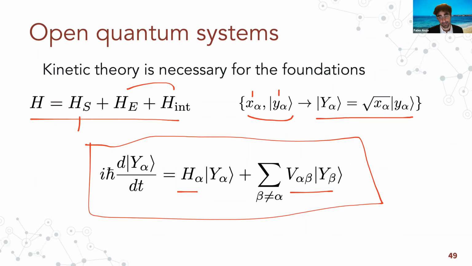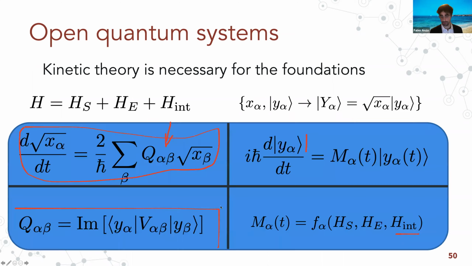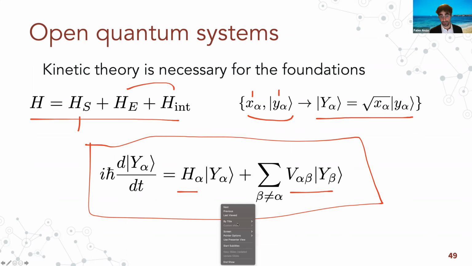So this is like a rate equation in which terms don't depend on time. And the number of states that you have here is labeled by alpha, so it scales with the dimension of the environment. So what does that mean?